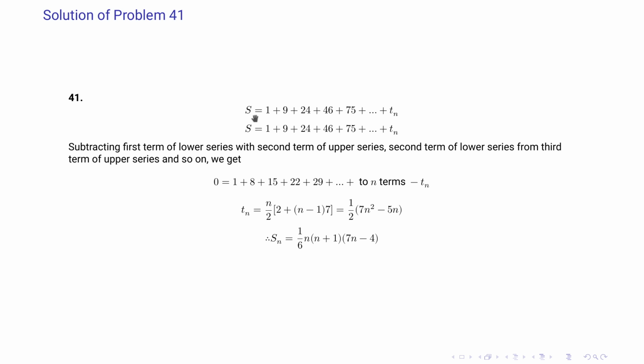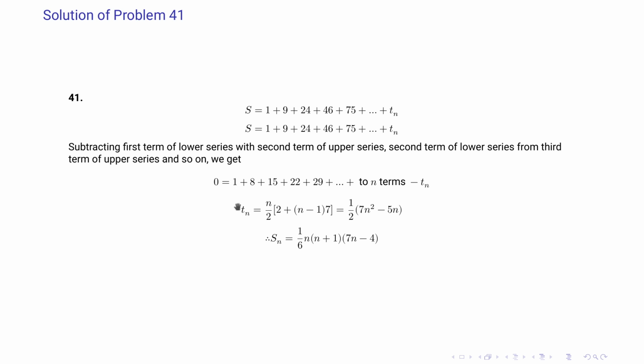So we write the series twice, and we subtract 1 from 9, 9 from 24, 24 from 46, 46 from 75. So what we obtain is 1 plus 8 plus 15 plus 22 plus 29 up to n terms minus tn.